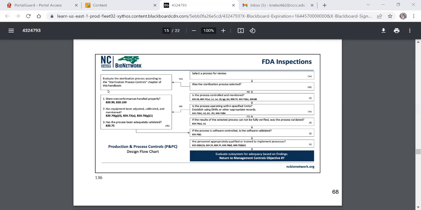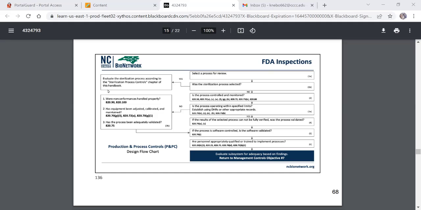So this is a design flowchart for production and process controls. This kind of just gives you, it's like a yes, no, you go through it. So for example, let's say you start at the top, select the process for review. The next question is, was the sterilization process selected?